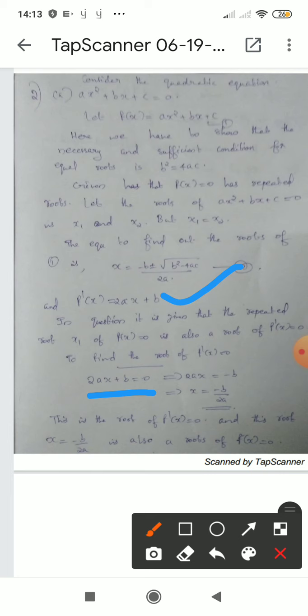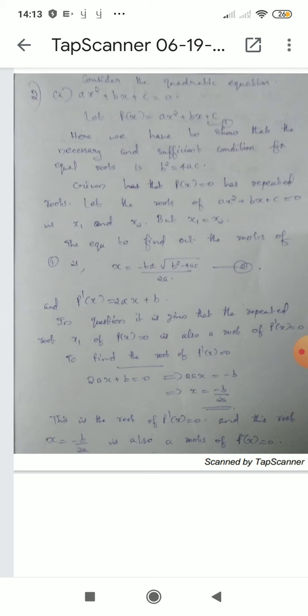And another hint: if a function has a repeated root or an equal root, that equal root will be a root of f dash of x. Here we got a root of f dash of x, and that root was minus b by 2a.